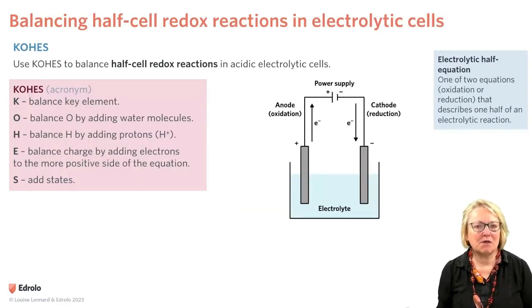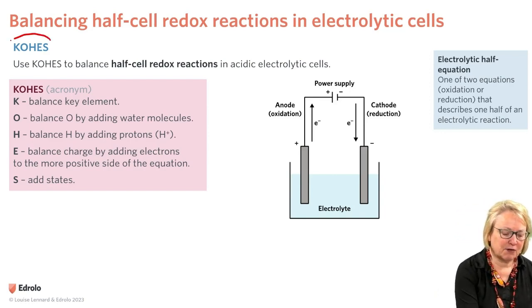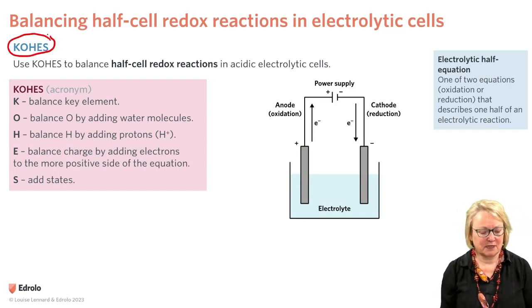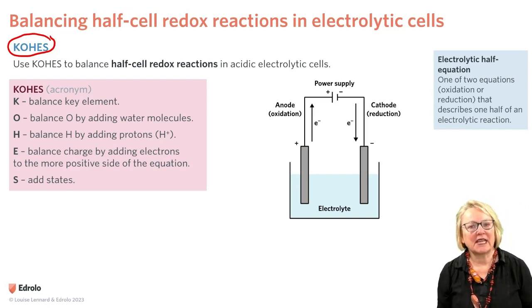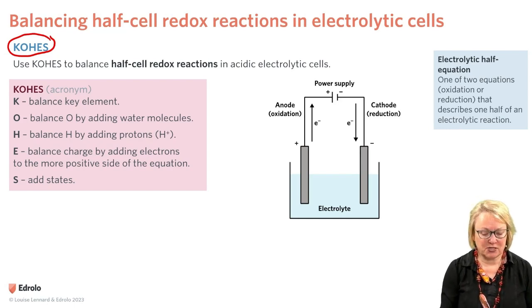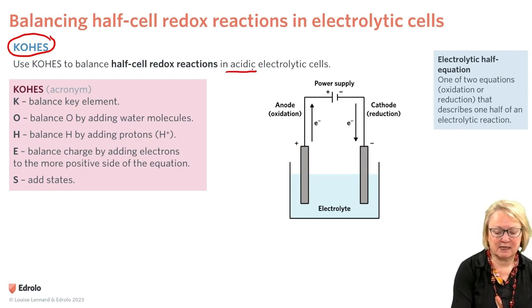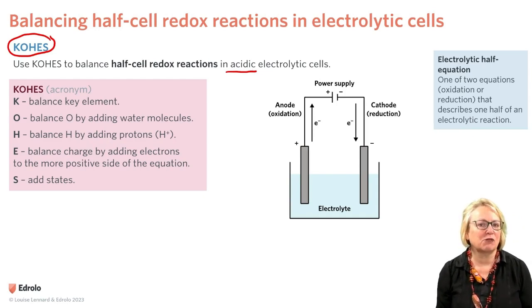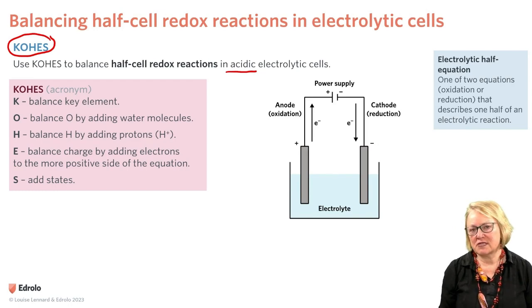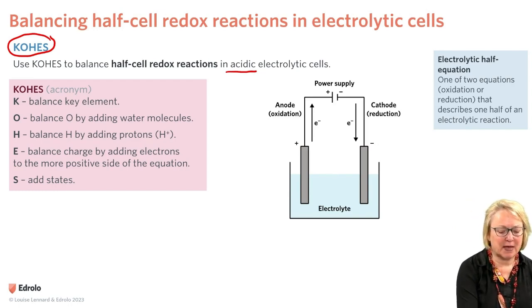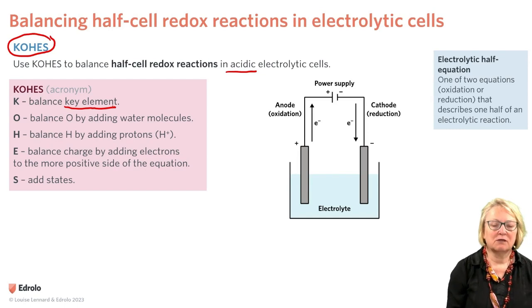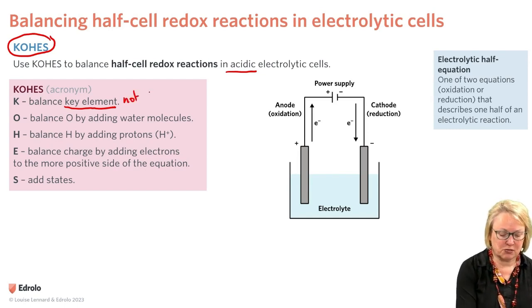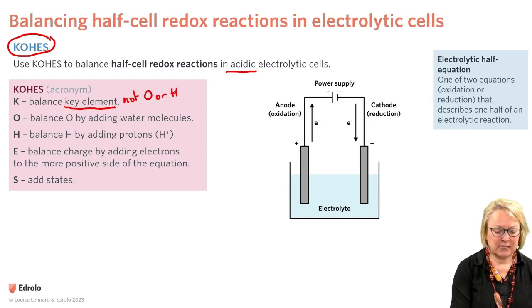Okay, you might remember from when we learnt about galvanic cells and fuel cells that we came across the acronym COES. COES is a technique that is used to balance redox half equations in acidic cells, whether they're electrolysis or galvanic or fuel cells. So the sequence is the K stands for balance the key element, which is not oxygen or hydrogen.